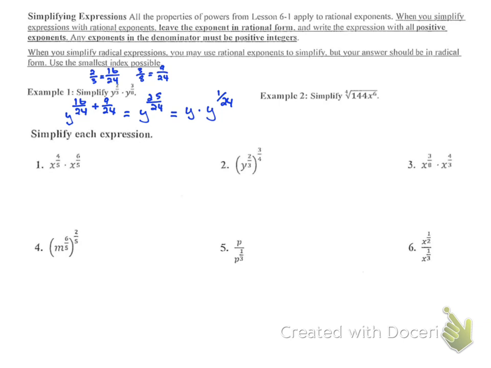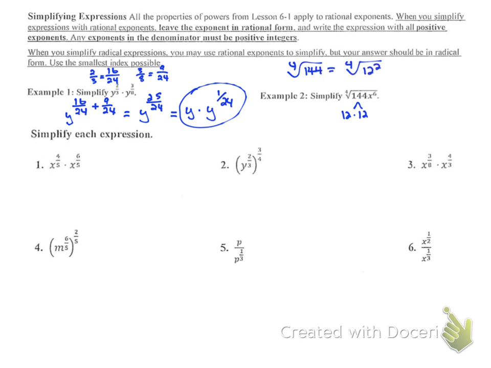All right, example 2, simplifying. Pay attention here. What's the square root of 144? 12. So 144 is also 12 squared, right?